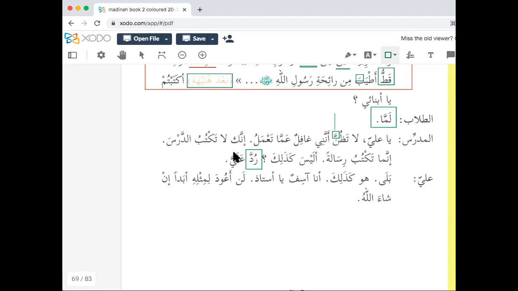And he said, this is interesting, he said alayya, because the word is ala. And now he wants to add the ya al-mutakallim, the ya that belongs to him. So make that into that ampersand.